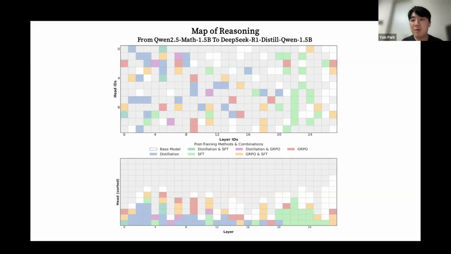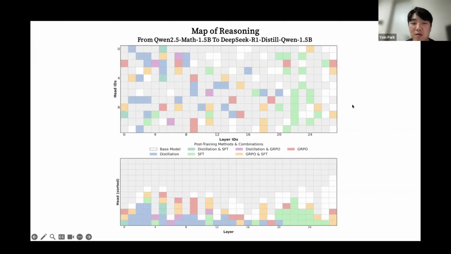It is just simply coming from different circuits, but the layer ID and head ID just match. So it is not the same as doing distillation and GRPO on a single model. We just found the IDs of each head and layer, then mapped them to these four maps, and those heads are just simply coming from different circuits. Yeah. Thank you.